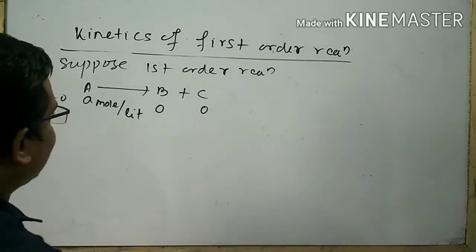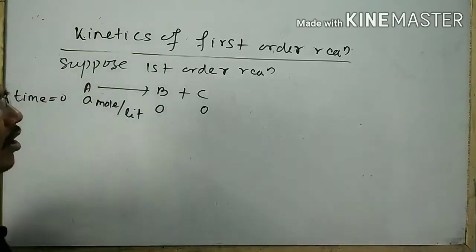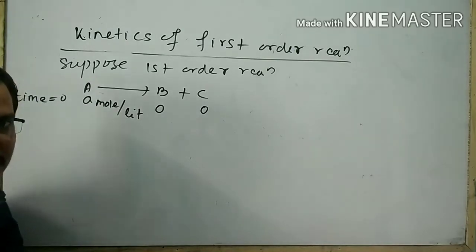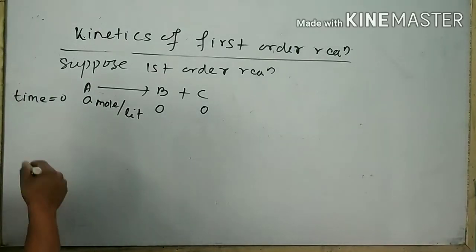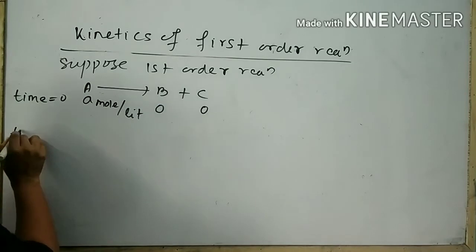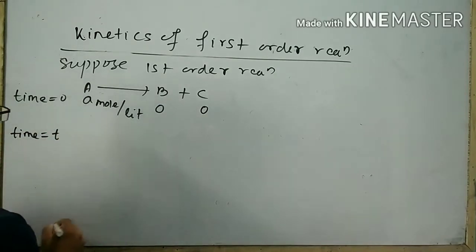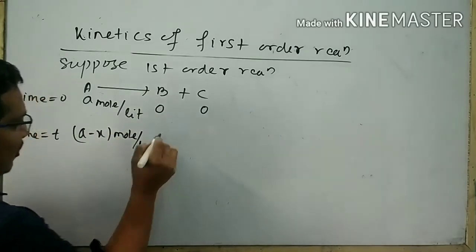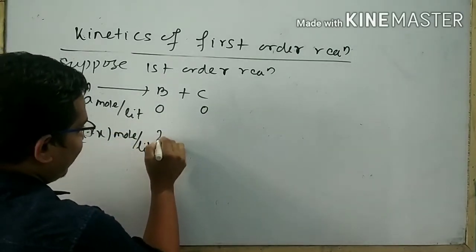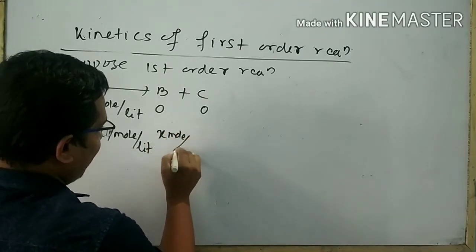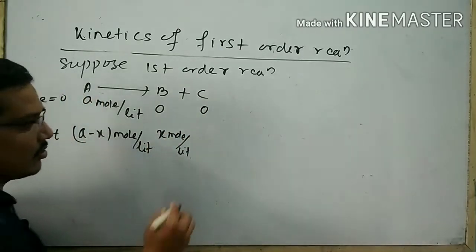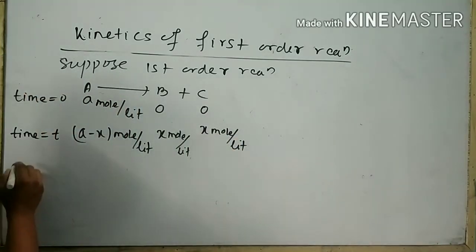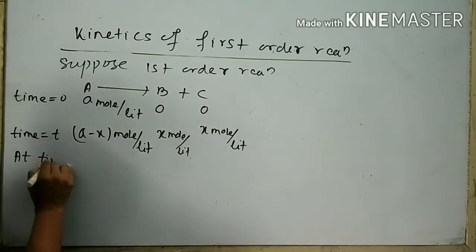After time t, suppose x moles of A is converted into x moles of B and x moles of C, then the concentration of A at time t equals a minus x moles per liter. The concentration of B is x moles per liter and the concentration of C is also x moles per liter.